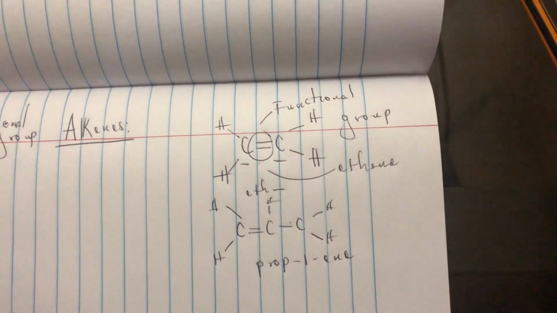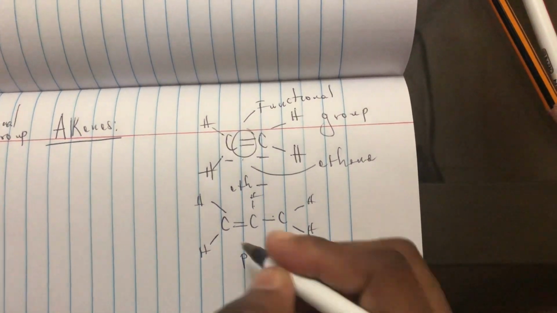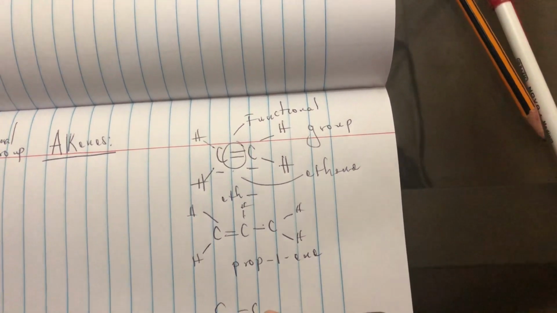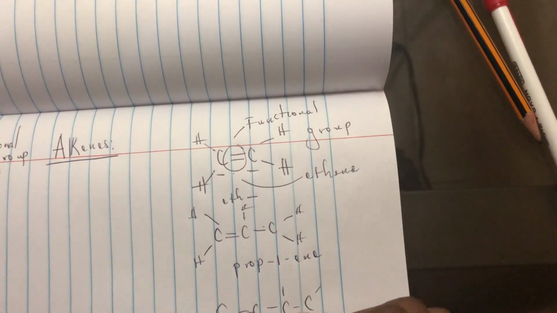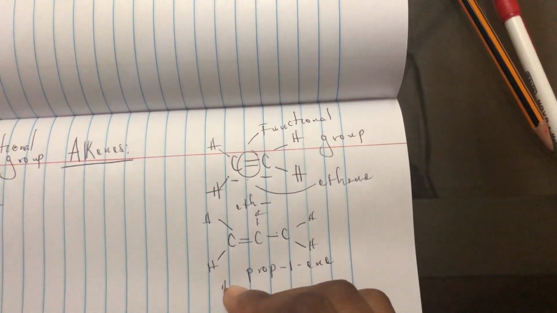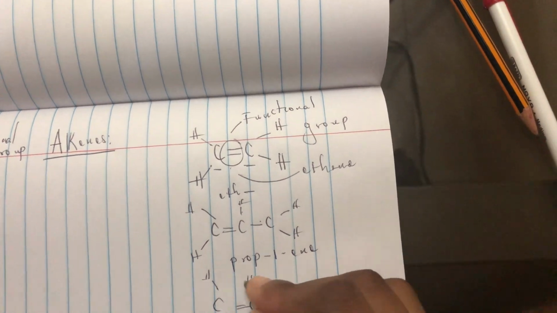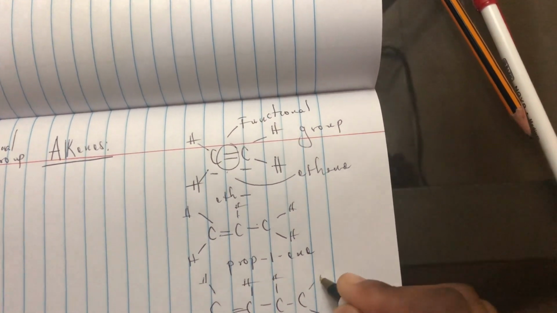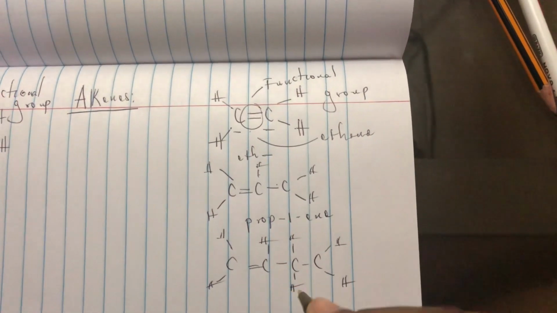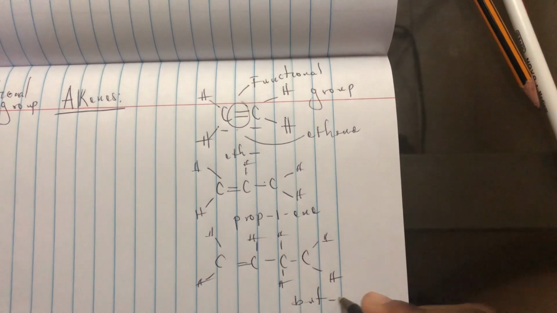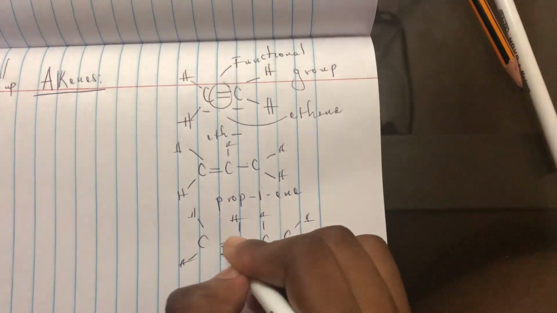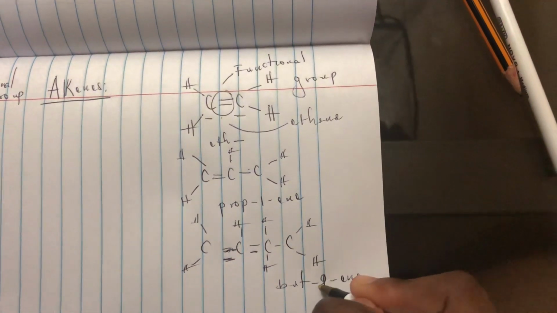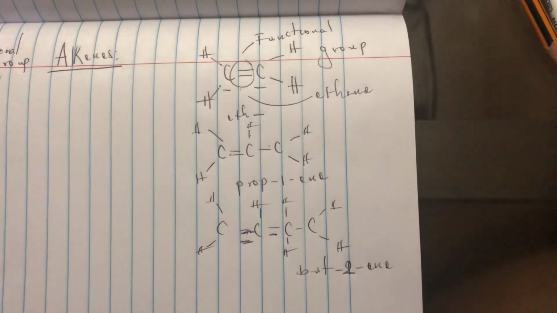We won't really look at how to name them right now. We're just focusing on the basics. We can look at butene as well. But-1-ene, we'd call this. Obviously, if the double bond, which is here, was placed here rather than here, then we'd call it but-2-ene. So far, so good.